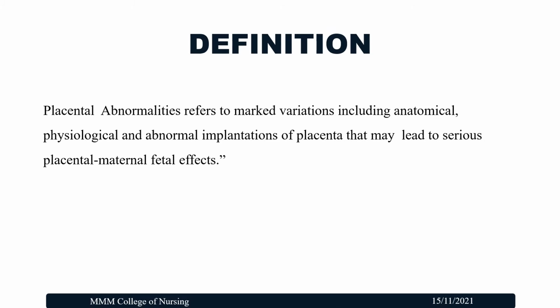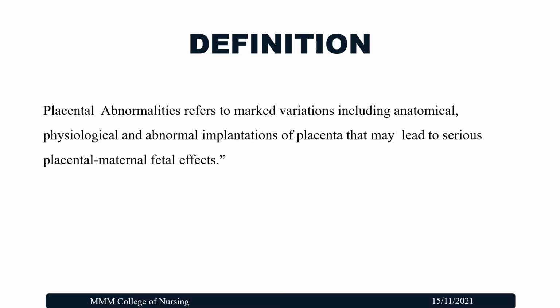What is the definition of placental abnormalities? Placental abnormalities refer to marked variation, including anatomical, physiological and abnormal implantation of the placenta, that may lead to serious placental, maternal and fetal effects. This is the definition of abnormalities of the placenta.